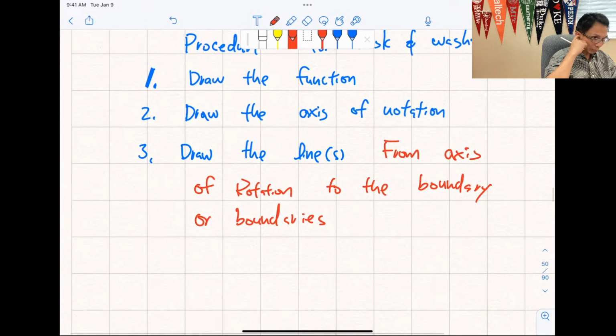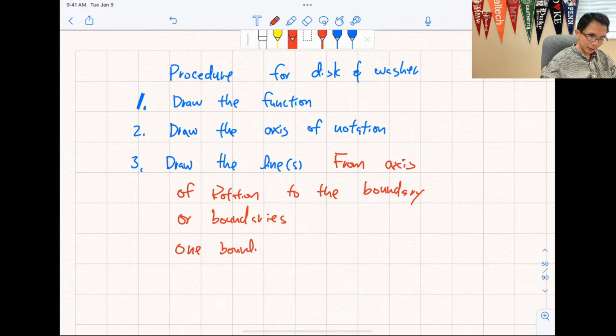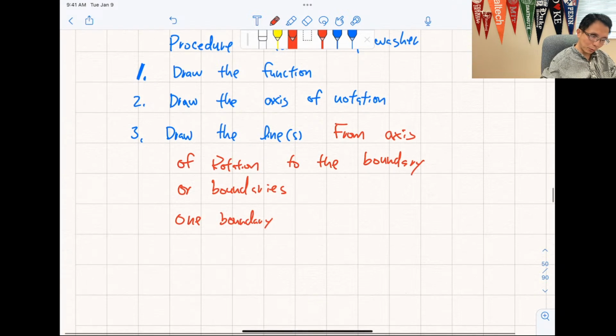So if you have one boundary, then you are more likely to have a disk method.